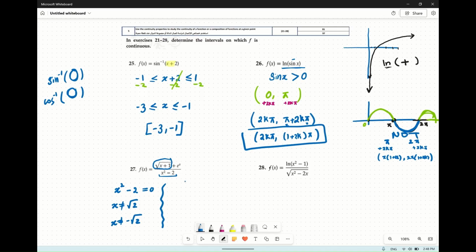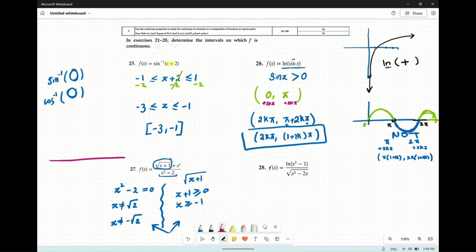So I know that the square root of x plus 1 will be continuous when the inside is greater than or equal to 0. So this means x is greater than or equal to minus 1. Now I need to know what interval satisfies these two conditions. I will draw a small line.